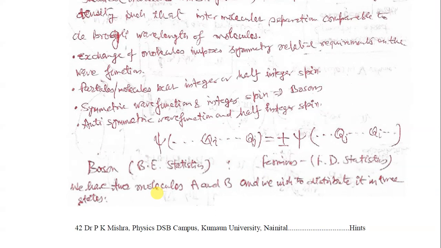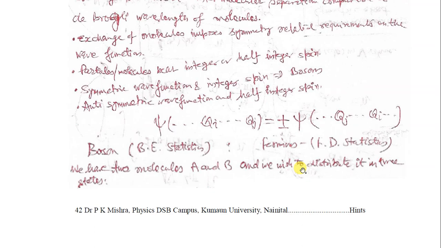In the case of bosons, the molecule has integral spin, but in the case of fermions, molecules have half-integer spin. So we can draw a distinction between the classical distribution function, that is the Maxwell-Boltzmann distribution function, as well as the quantum mechanical distribution functions, that is the Bose-Einstein distribution function and the Fermi-Dirac distribution function, using the following example.